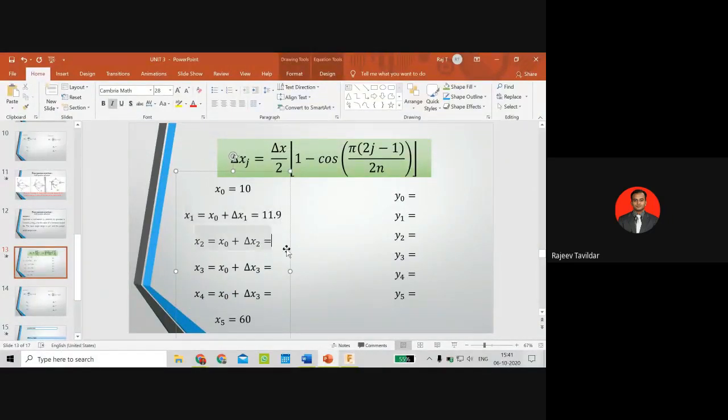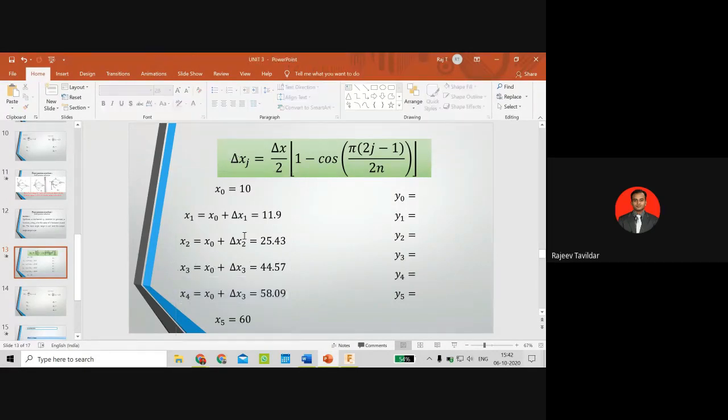X2 is how much? 25.43. 44.57. Okay. 58.09. Others, please check if you're getting similar answers. The answers were given so quickly because you have used the calculator correctly. If you just put in this equation, you will get all the answers within a second.